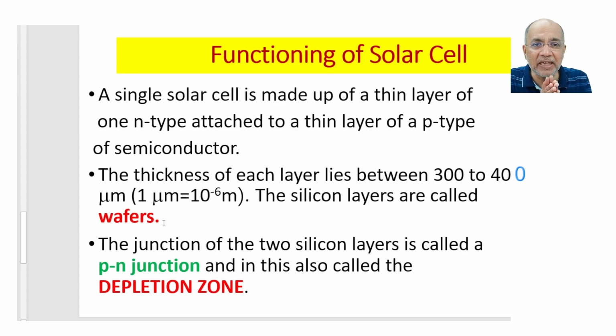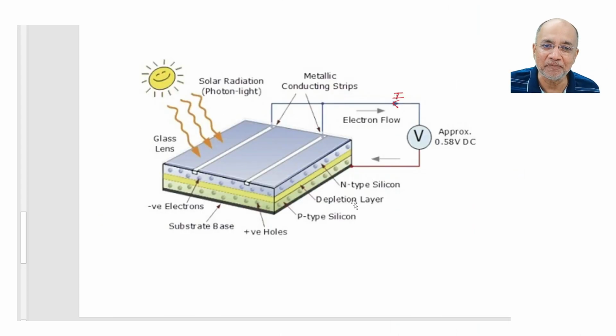So when you attach N-type and P-type silicon wafers, in the vicinity of the PN junction this depletion zone is formed. That depletion zone is only about 1 to 2 micrometer, while the thickness of each layer is 300 to 400 micrometer.